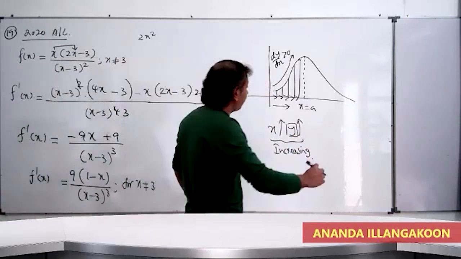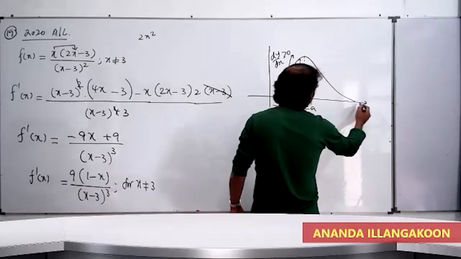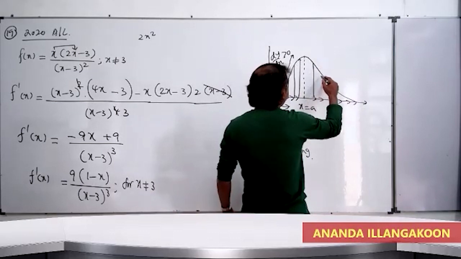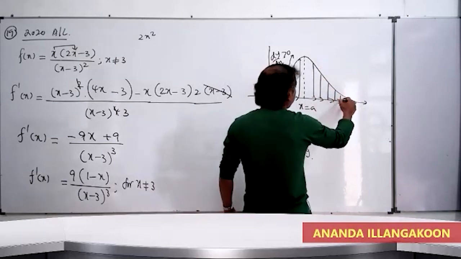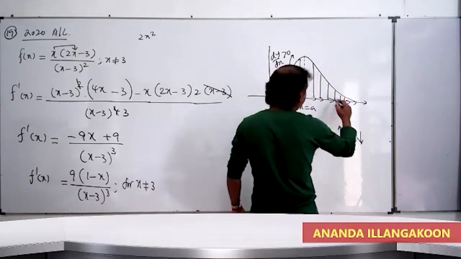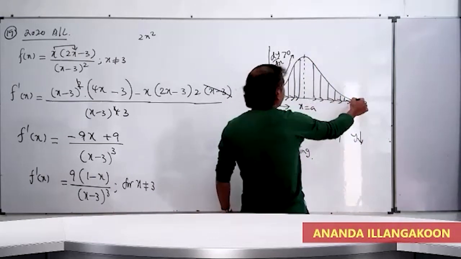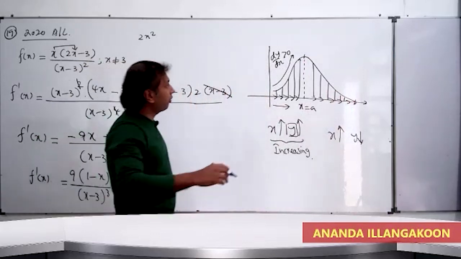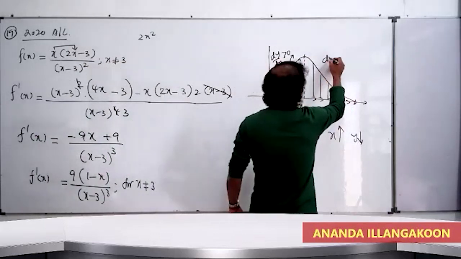After x equals a, when you move further to the right, you can see y decreasing. As x increases, y decreases. Then we say from here to here, y is decreasing. Therefore, remember, in this interval the gradient is negative.